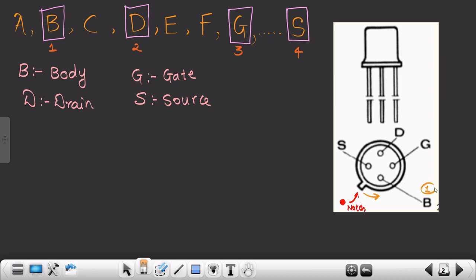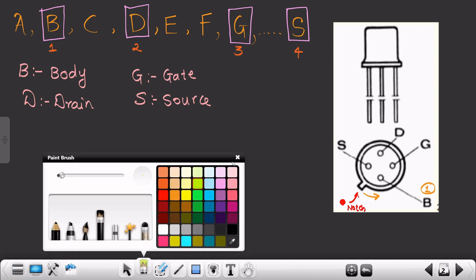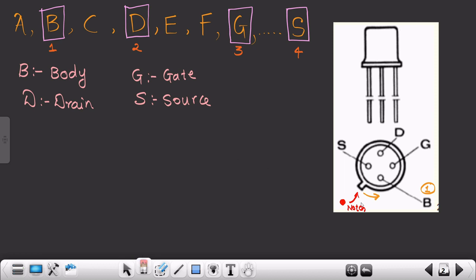B means body. Again, I'm explaining: as soon as I identify the notch, I'm supposed to move to the right side of the notch. RS means I'm moving to the right side of the notch.